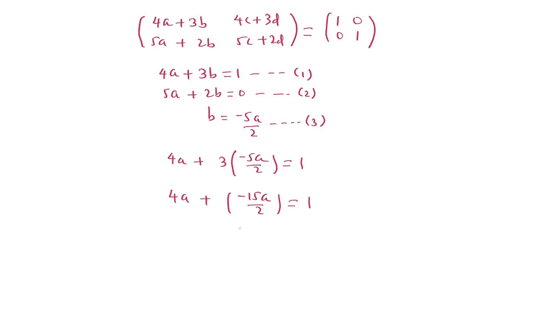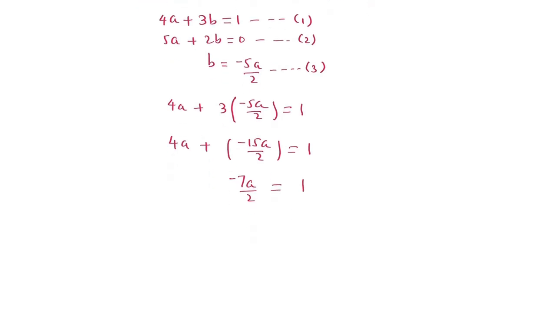Okay, so let us now combine the terms on our left hand side. Our equation is going to be negative 7A over 2 equals 1. Making A the subject, we are going to have A equals negative 2 over 7.